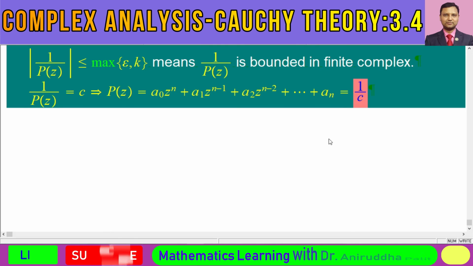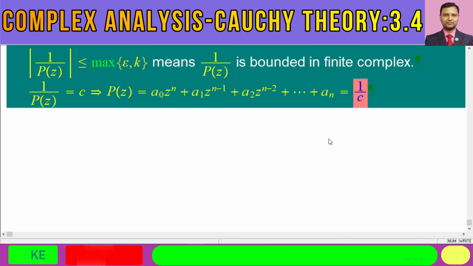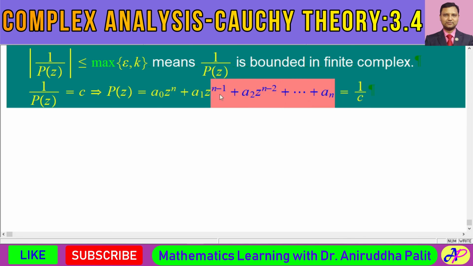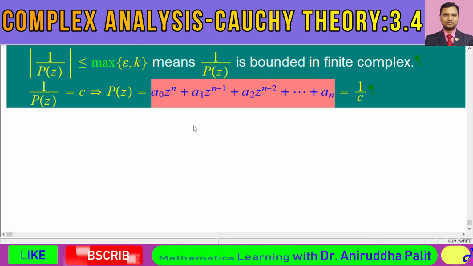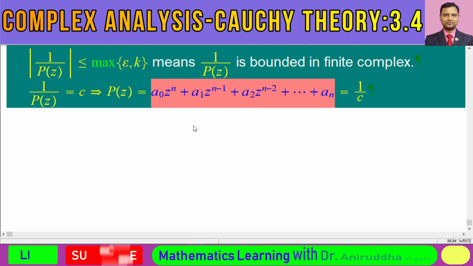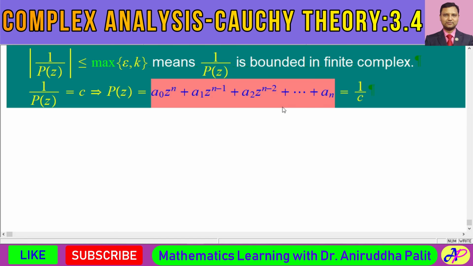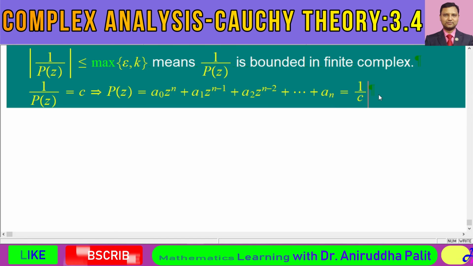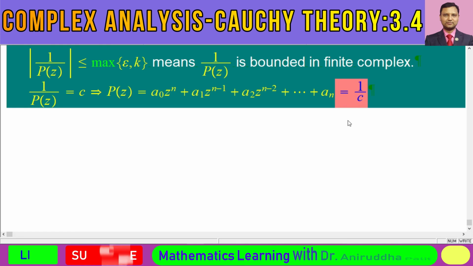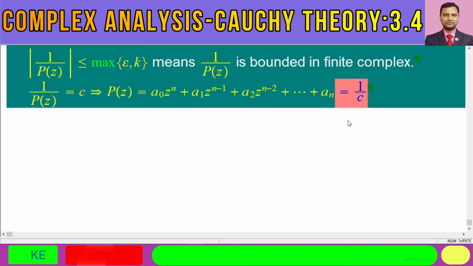It cannot always become equal to the constant 1 by C. It should change as we take different values of the variable z; this expression should have different values. It can never always be equal to 1 by C.